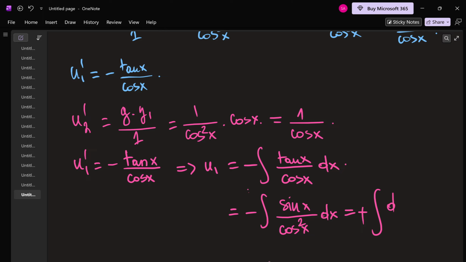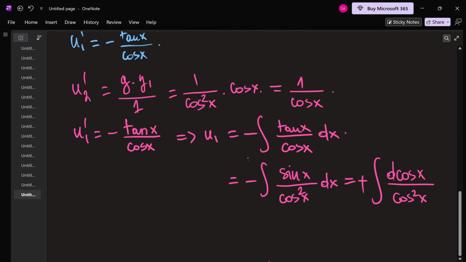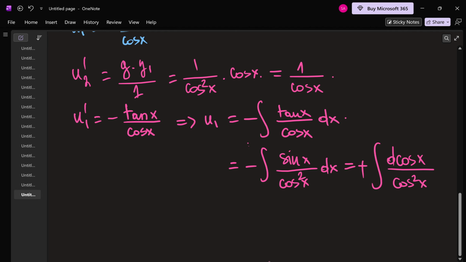with respect to cos x over cos squared x. Okay, so if you put big X as cos small x, you would get that delta x, so delta x is actually equal to d cos x.